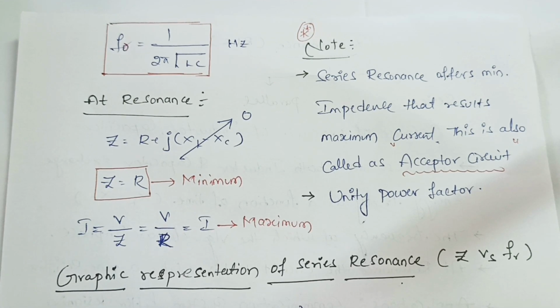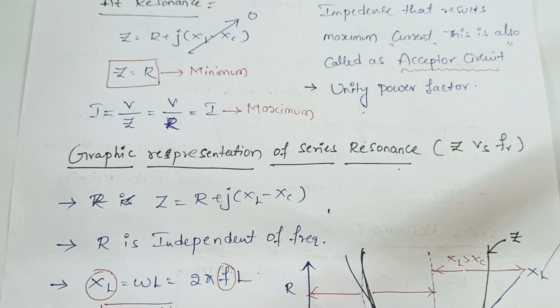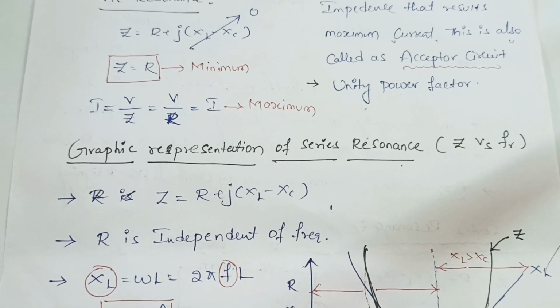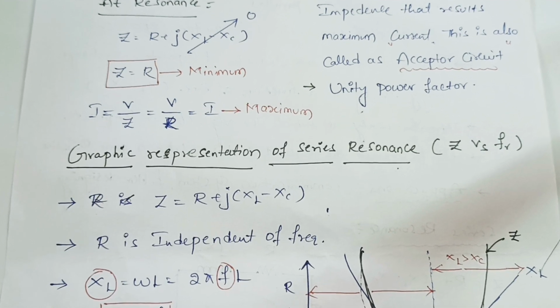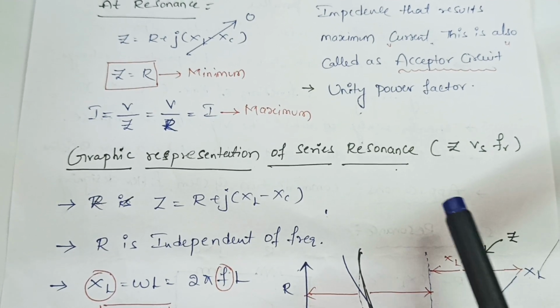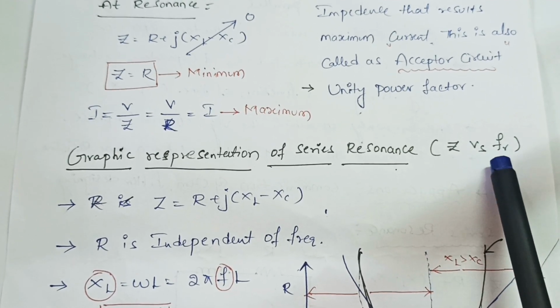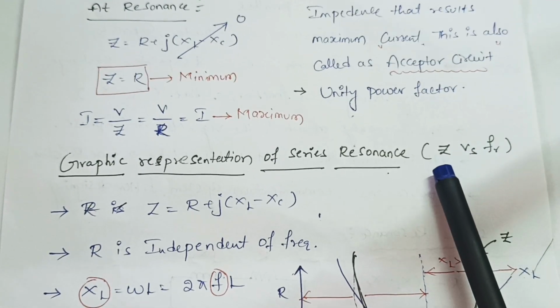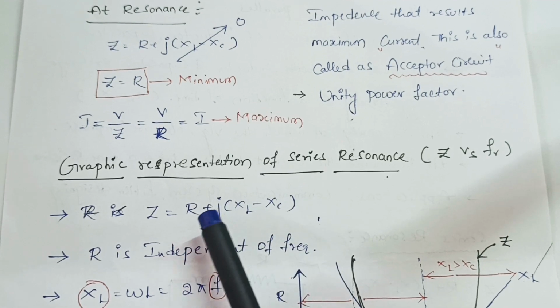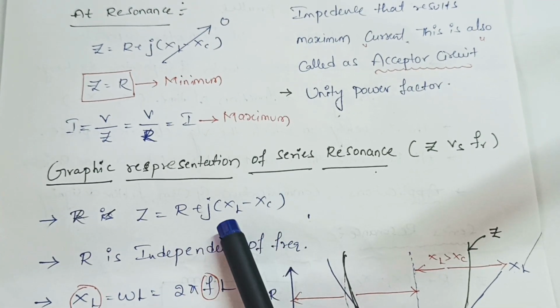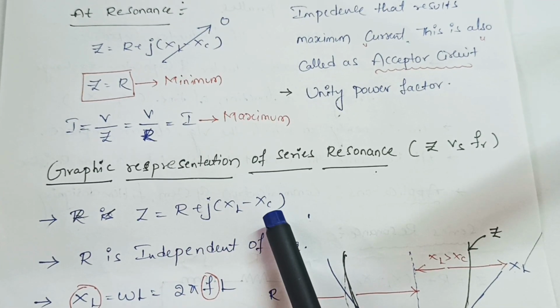Now coming to the graphic representation of series resonance. This graphic representation is mainly drawn between impedance versus resonance frequency, that is fR versus Z. In our Z, we have a total of 3 parameters: resistor, inductive reactance as well as capacitive reactance.